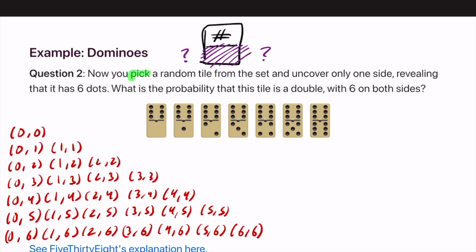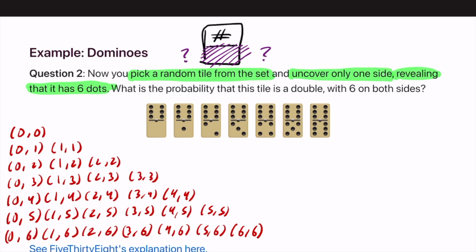We'll pick a random tile from the set, uncover only one side, revealing that it has 6 dots. What is the probability that this tile is a double with 6 on both sides? So in this case, we have tiles that we're picking, and we have both sides that we could see, but we're only revealing one side.